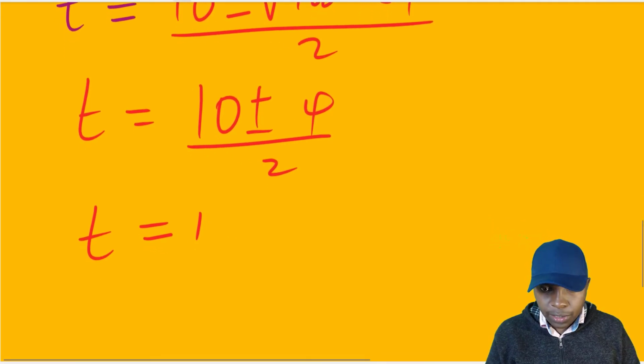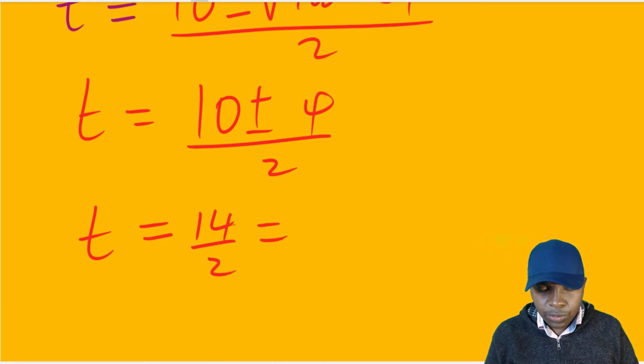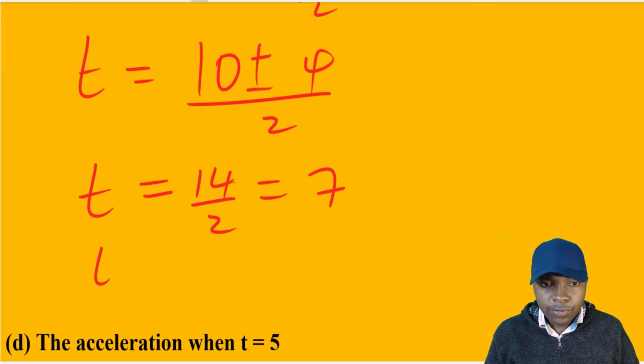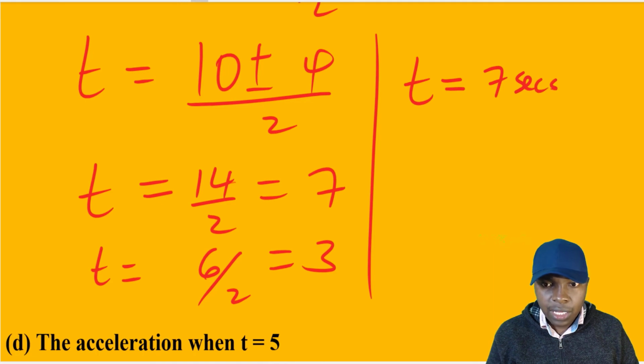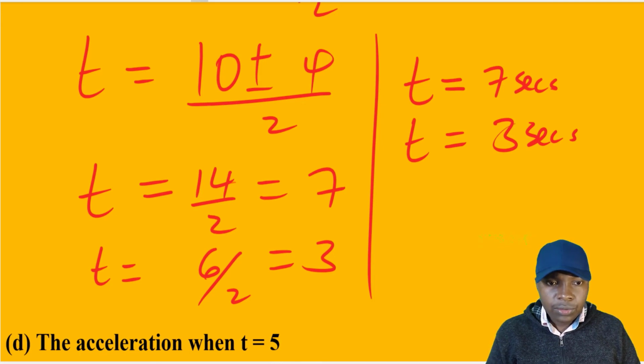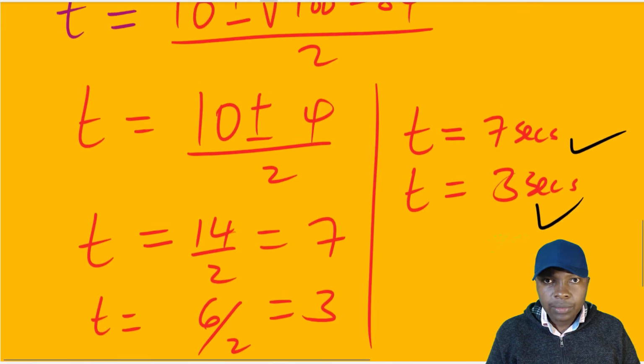The first value of t is 10 plus 4, which is 14, divided by 2, giving 7 seconds. The second value is 10 minus 4 divided by 2, which is 3 seconds. We therefore have two instances when the particle is at rest: when t is equal to 7 seconds and when t is equal to 3 seconds.